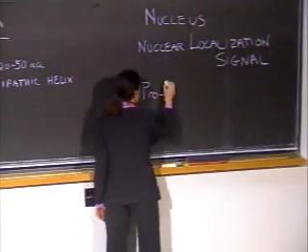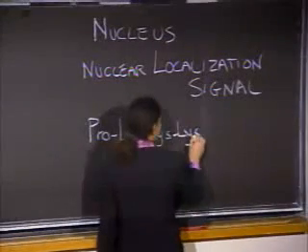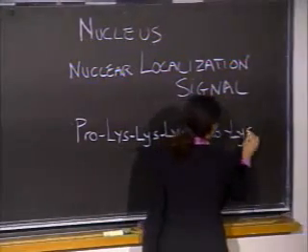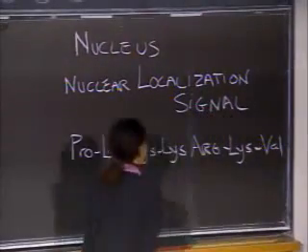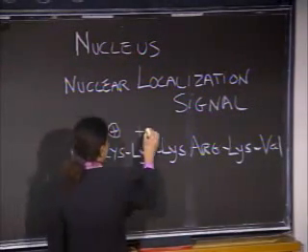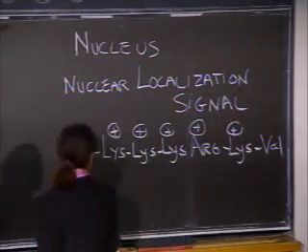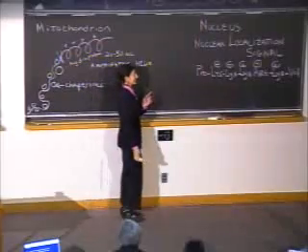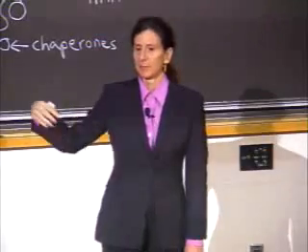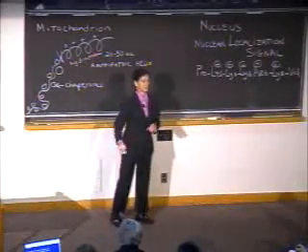It's proline, lysine, lysine, lysine, arginine, lysine, and valine. That's it. That's the nuclear localization signal. Positive charge, positive charge, positive charge, positive charge, positive charge. This signal can be anywhere on the protein. It can be at the beginning, it can be in the middle, it can be at the end. It's got to be contiguous. It has to be somewhere on the protein.